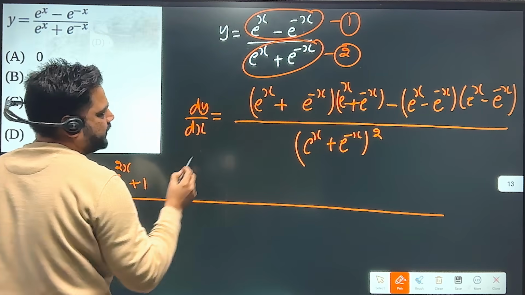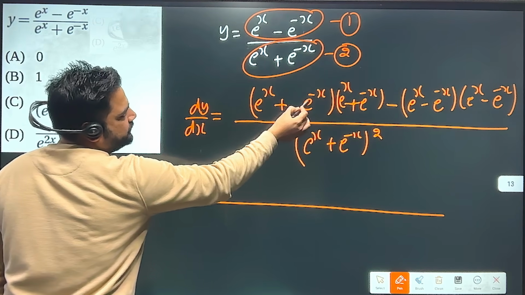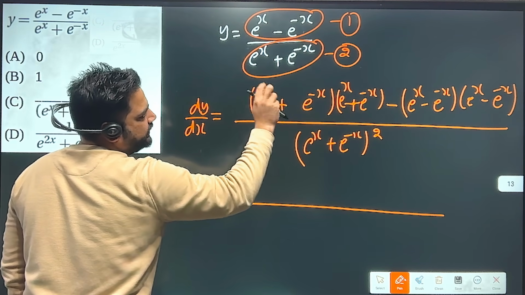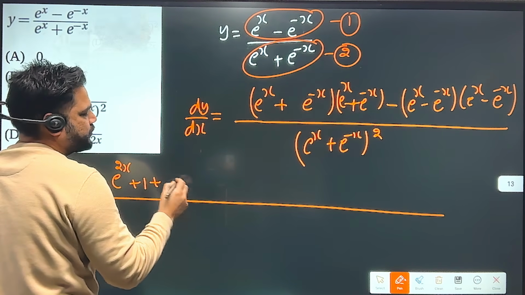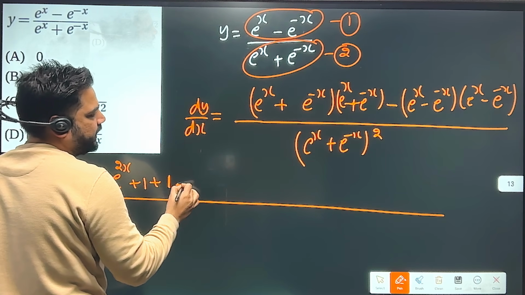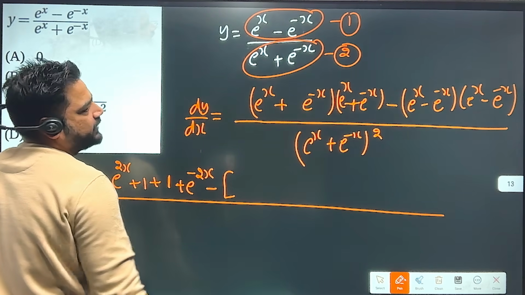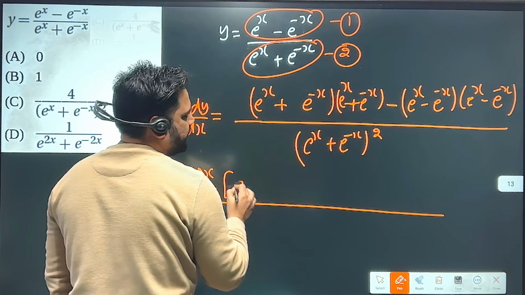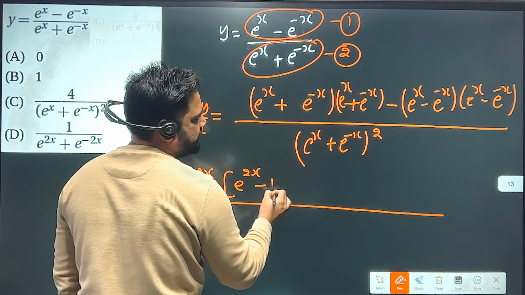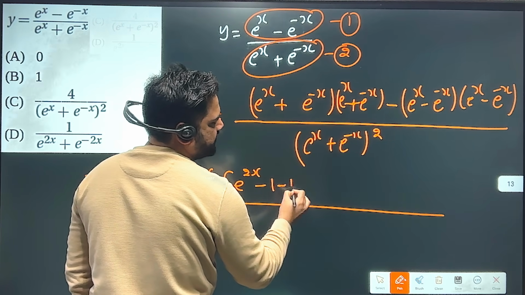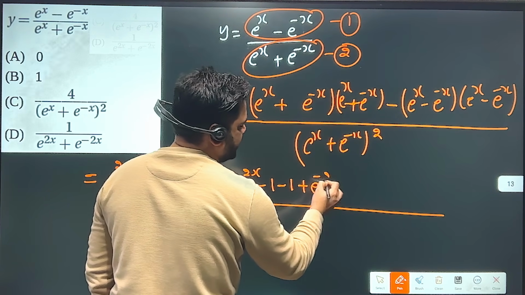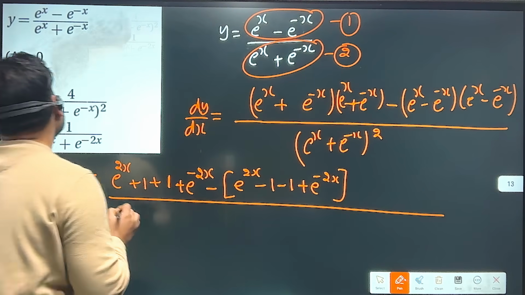Again, e power minus x multiplied with e power x will be 1 again, and e power minus 2x. Again minus, and then e power 2x minus 1 minus 1 plus e power minus 2x.